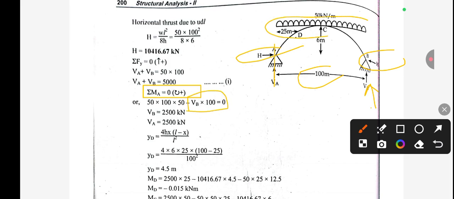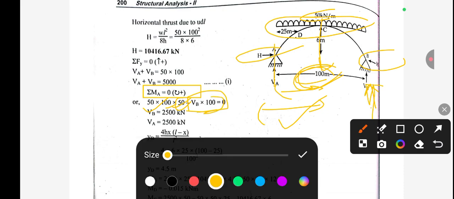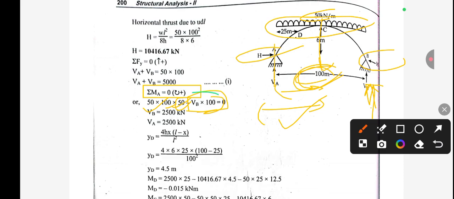Now this 50 kN acting over 100, so 50 into 100 is the load, and it is acting at the center, so the distance will be 50, so this is multiplied by 50. And minus VB into 100, since it is anti-clockwise, so we have written it over here.